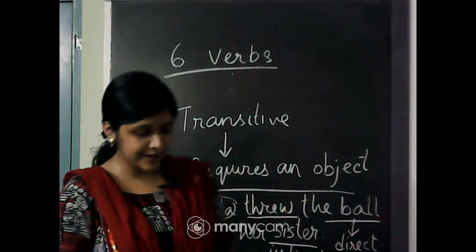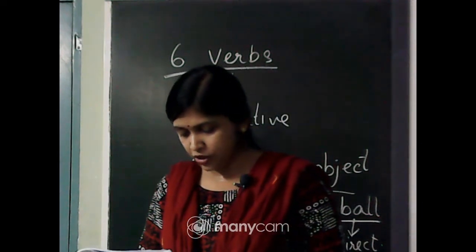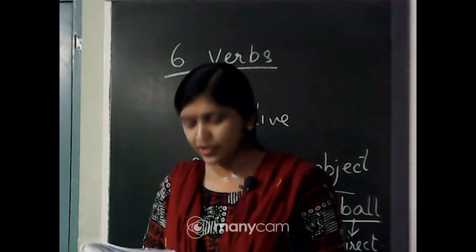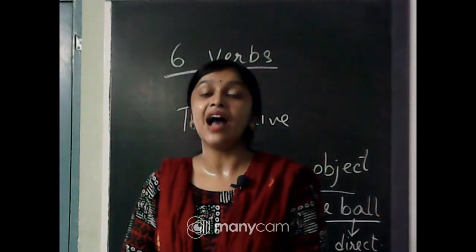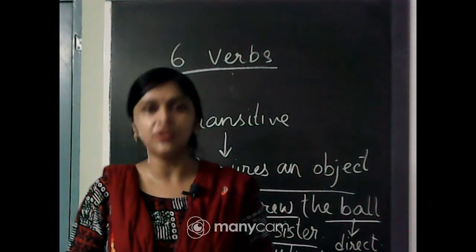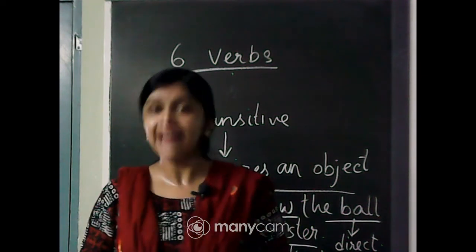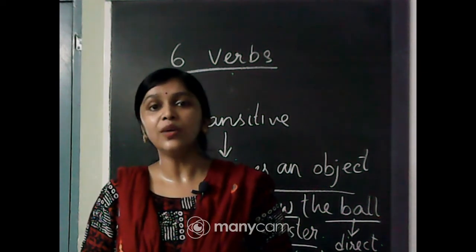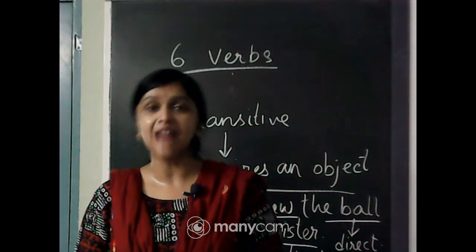You can mark it. What is the object of the verb? The direct object answers the question what, and the indirect object answers the question to whom is it affecting. Indirect objects are generally humans, that means persons, and direct objects are generally inanimate objects. If there is one object present in the sentence, we will say that it is a direct object.